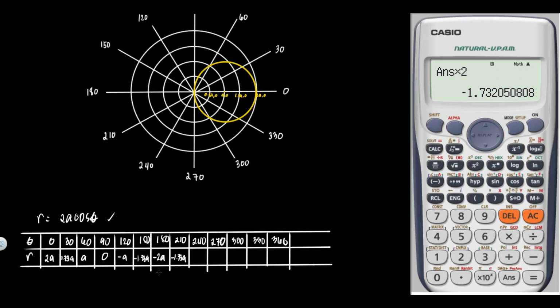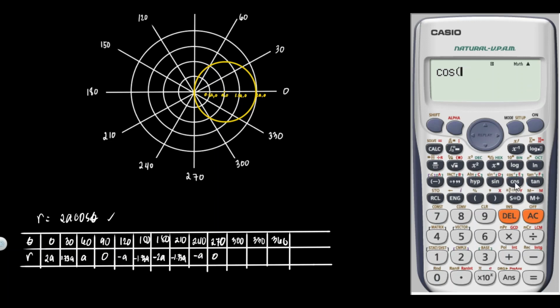1.73a. How about 240? Cosine of 240 is what? Negative 1/2 times 2, or negative 1, or negative a na lang. 270, cosine of 270 is 0. Okay, so 0.